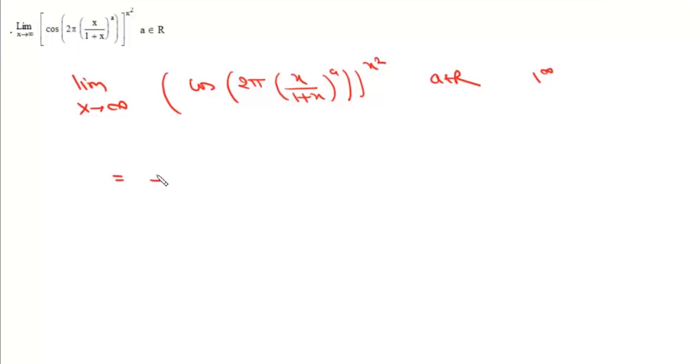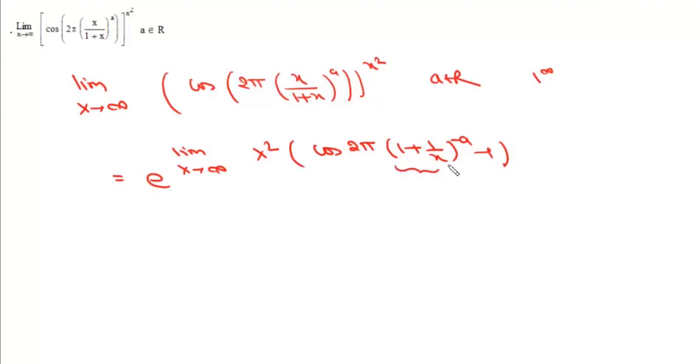So it will be e to the power, and then this limit: x tends to infinity, x square into cos 2 pi. Now we'll write this as 1 plus 1 upon x to the power minus a, and then minus 1. Now here we'll use the binomial expansion of 1 plus x to the power minus n.